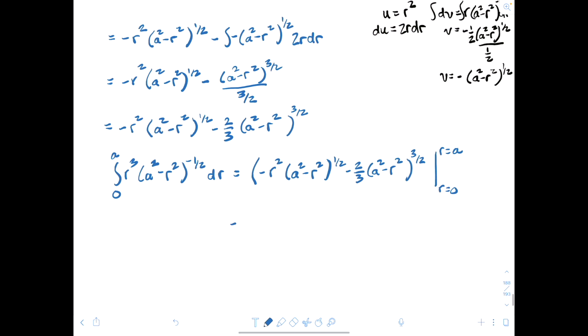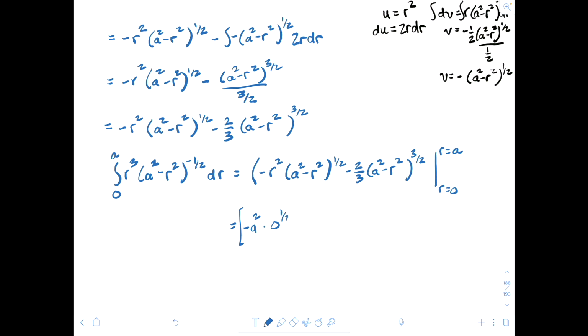So that will give us, I'll just put it in. We'd have upper limit of integration would be negative a squared times 0, right?